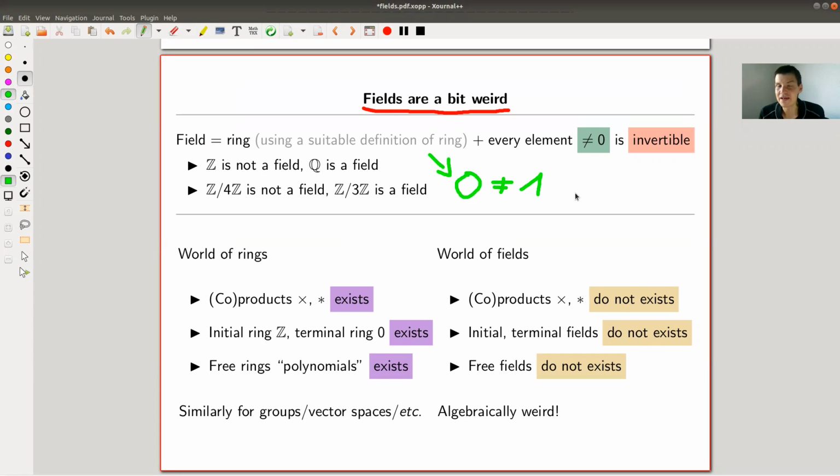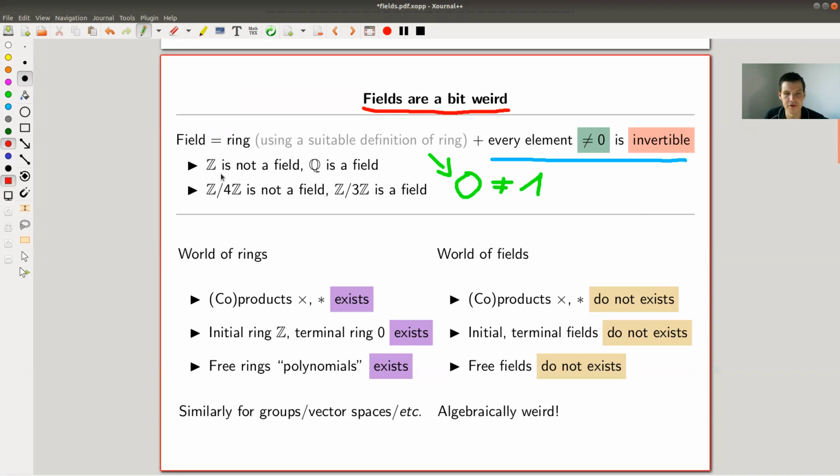Then a field is a ring plus this strange and asymmetric condition that every element not equal to 0 is invertible. Since 0 is not 1 and 0 times everything is 0, 0 can't be invertible. And you want this slightly weird condition that every non-zero element is invertible.